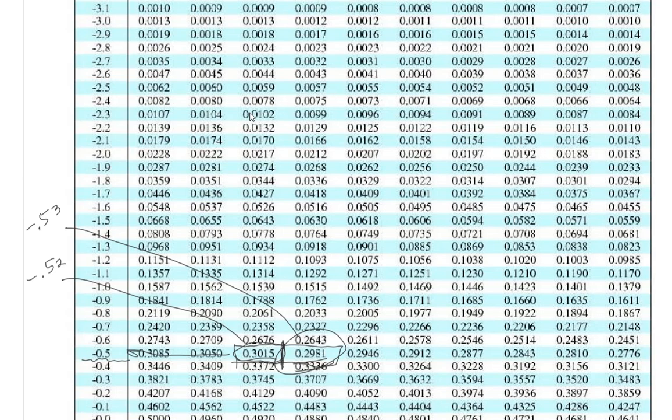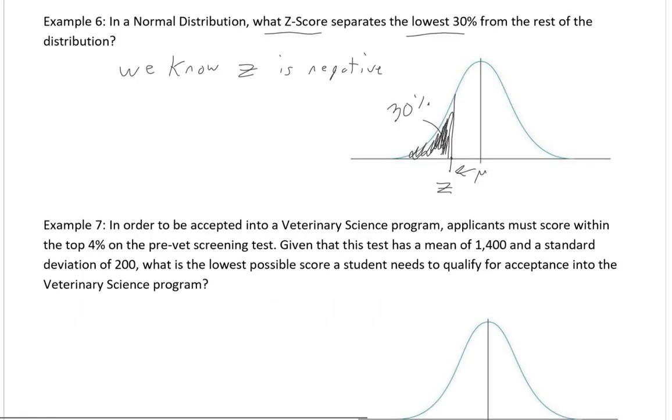Those would be the z-scores if I'm finding them in the opposite way that we did before. Instead of taking the z-score and finding the area, we're taking the area and finding the z-scores by finding what row and column it corresponds to. In the middle of those, between negative 0.52 and negative 0.53, I can say that the z-score is approximately negative 0.525.